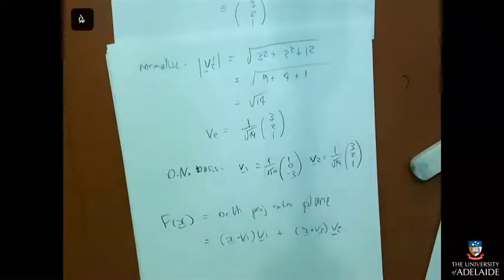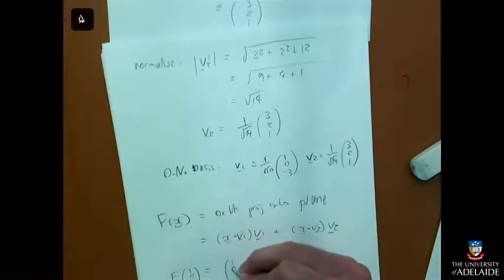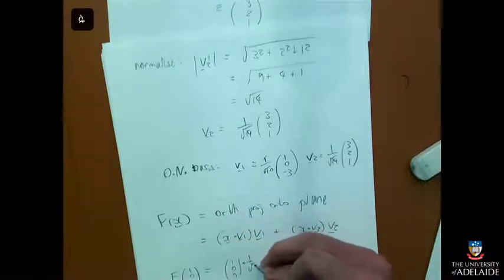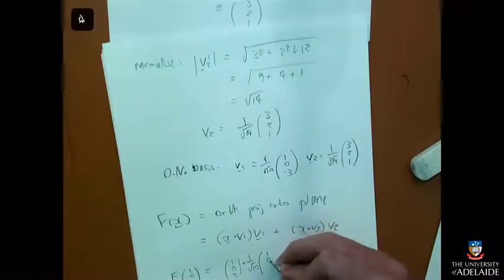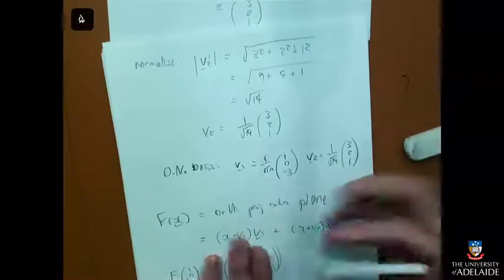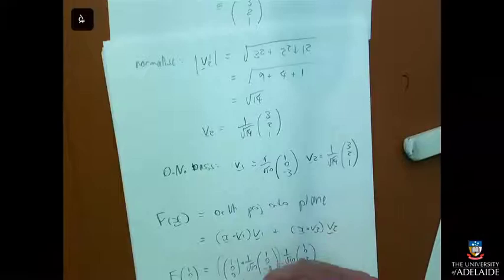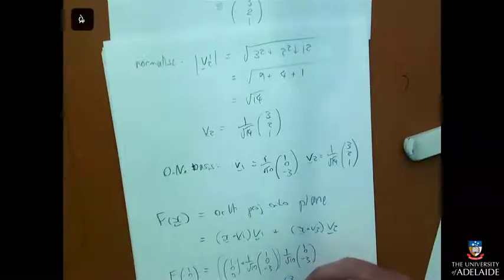To find the matrix, I need to figure out what F does to 1, 0, 0 and 0, 1, 0 and 0, 0, 1. So F of 1, 0, 0 is 1, 0, 0 dot V1 times V1 plus 1, 0, 0 dot V2 times V2.